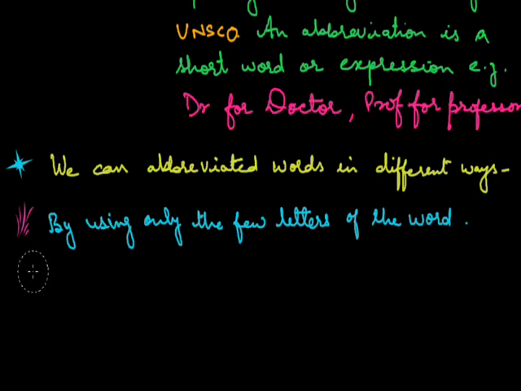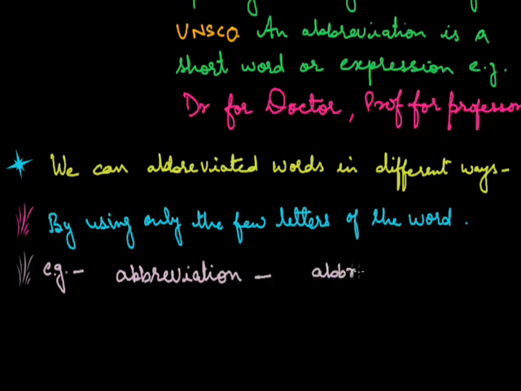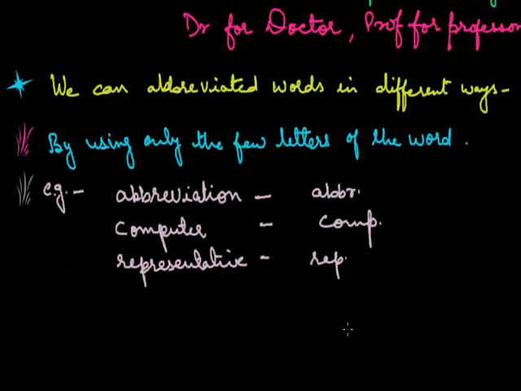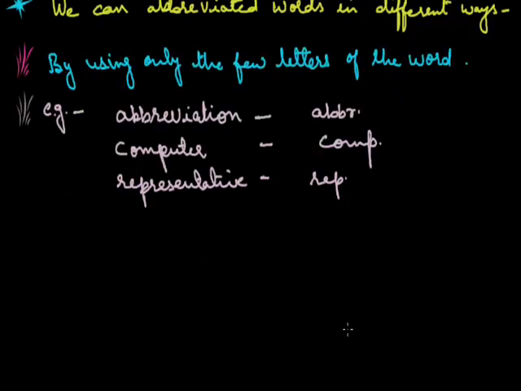For example, I will take the word abbreviation and write ABBR, then computer, COMP, then representative, REP with a dot.